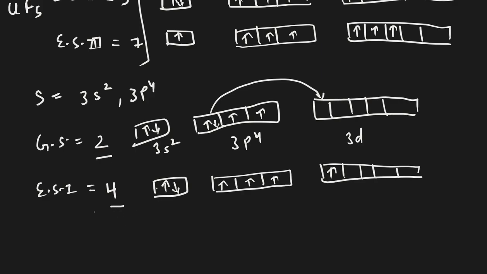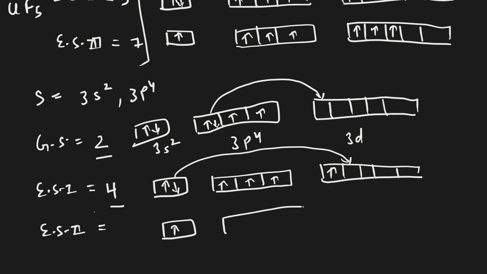Let's just check. Yes, we do have the paired electron in the s orbital. It can move to the d orbital. So we can have the second excitation covalency as well. That will be 1 electron here, 3 electrons in 3p and 2 electrons in 3d.